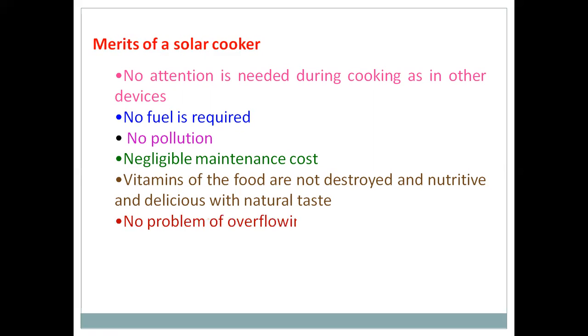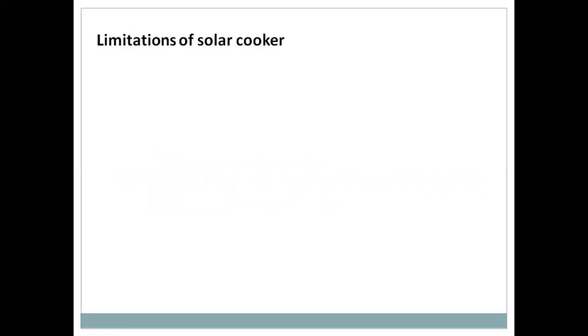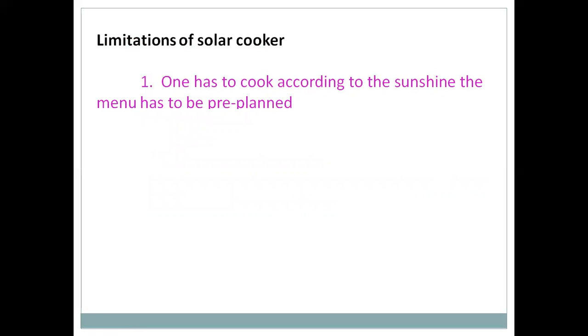And there is no problem of overflow during cooking, because the temperature is not so high, so you can cook food without overflow. But there are some limitations when using the solar cooker, because it does not complete the cooking in a shorter time, so one has to cook according to the sunshine.